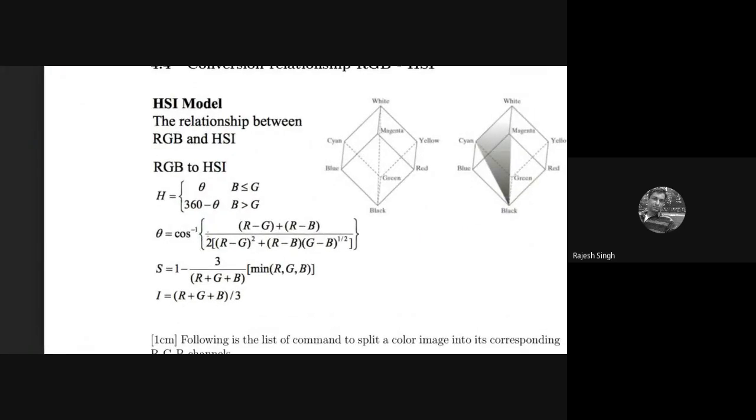The general formula for the color is H equals theta if blue is less than or equal to green, and it is 360 minus theta if blue is greater than green. But what is theta? The theta value is obtained by using this particular formula: half of R minus G plus R minus B. Sometimes it's also written as 2R minus G minus B. Don't get confused.